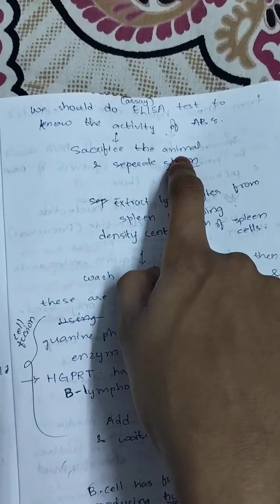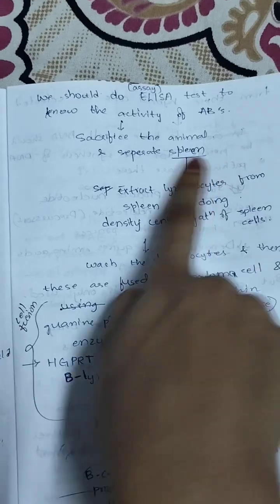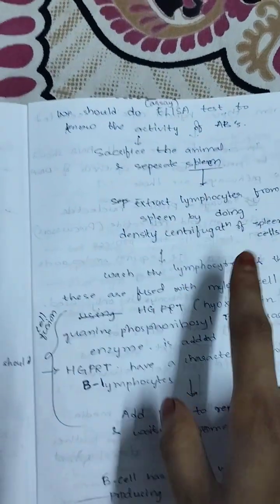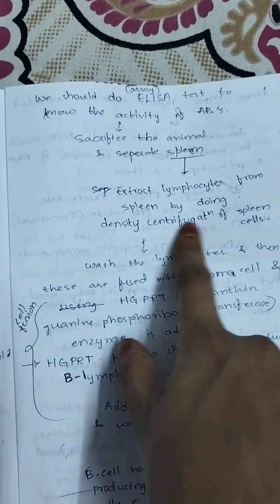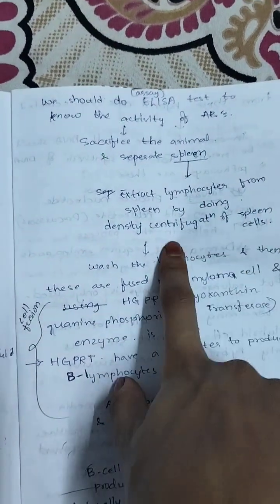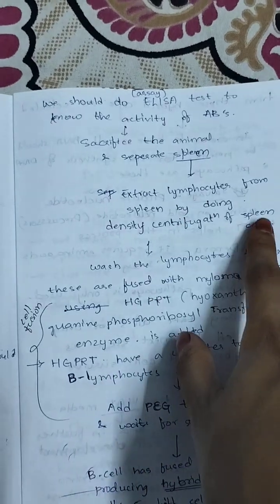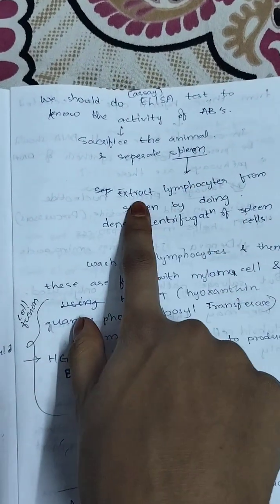Then we sacrifice the animal and the spleen is separated. From the spleen, lymphocytes are extracted by density centrifugation of spleen cells.